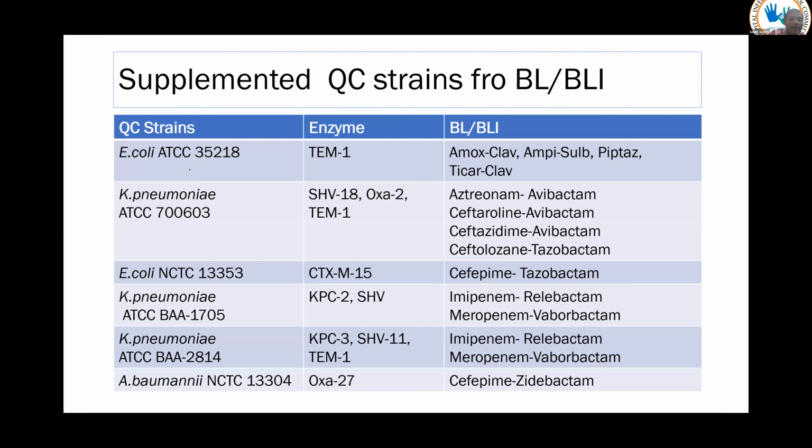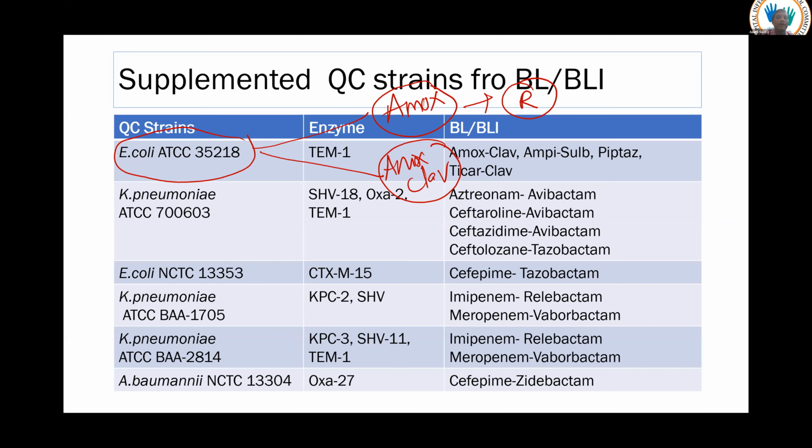Therefore, when you test this QC strain against a BL agent, it should exhibit a resistant or near resistant breakpoint for the BL agent, whereas with BL BLI, because the BLI will inhibit this beta lactamase enzyme, it is supposed to have a bigger zone.